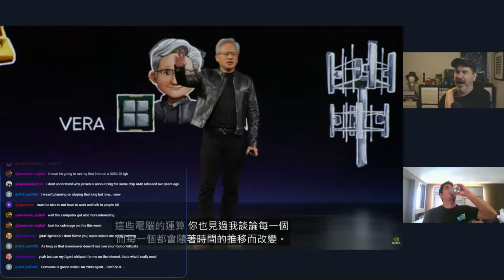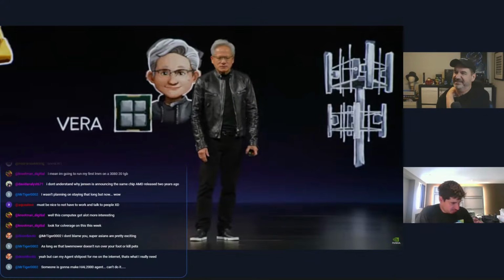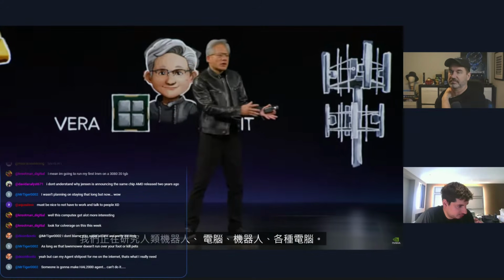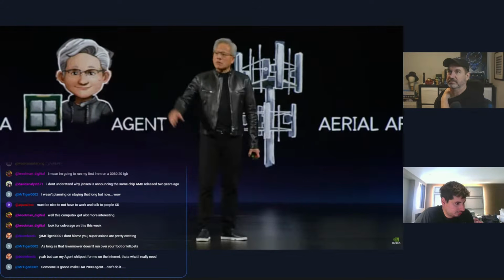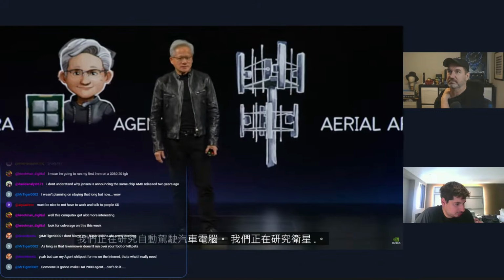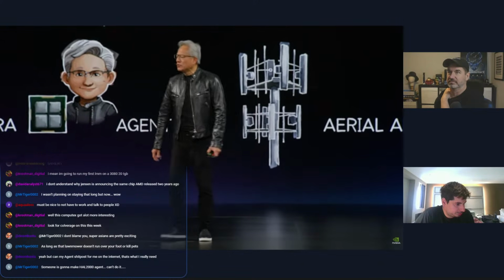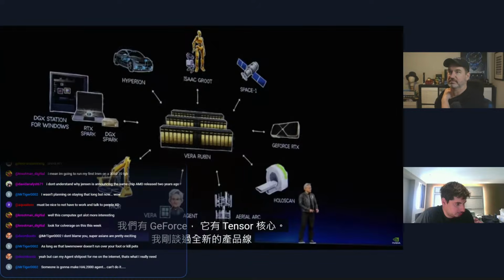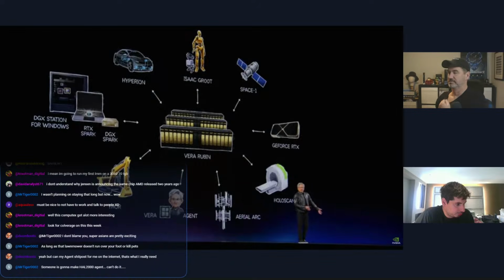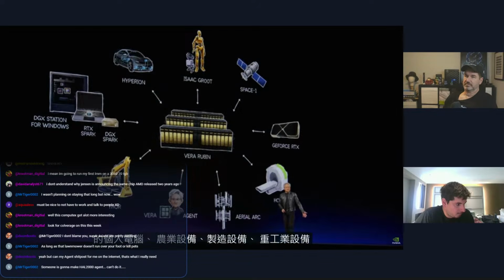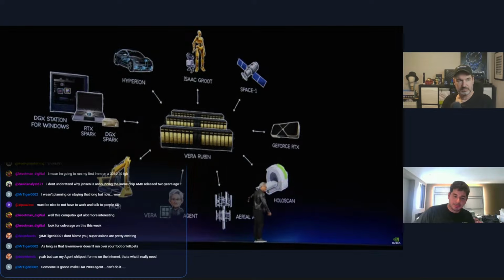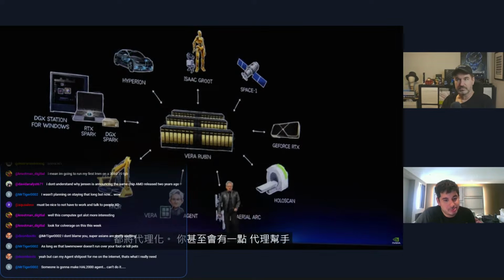We're working on humanoid robotics computers of all kinds. We're working on self-driving car computers. We're working on satellites. You have GeForce, which has tensor cores. I just talked about a whole new line of PCs. Agriculture equipment, manufacturing equipment, heavy industry equipment will all be agentic. You'll even have a little agentic helper for yourself.